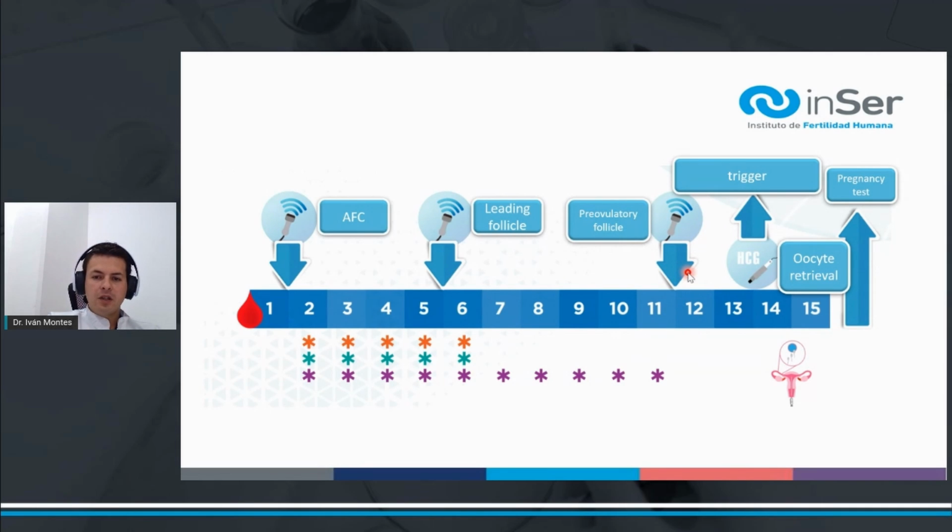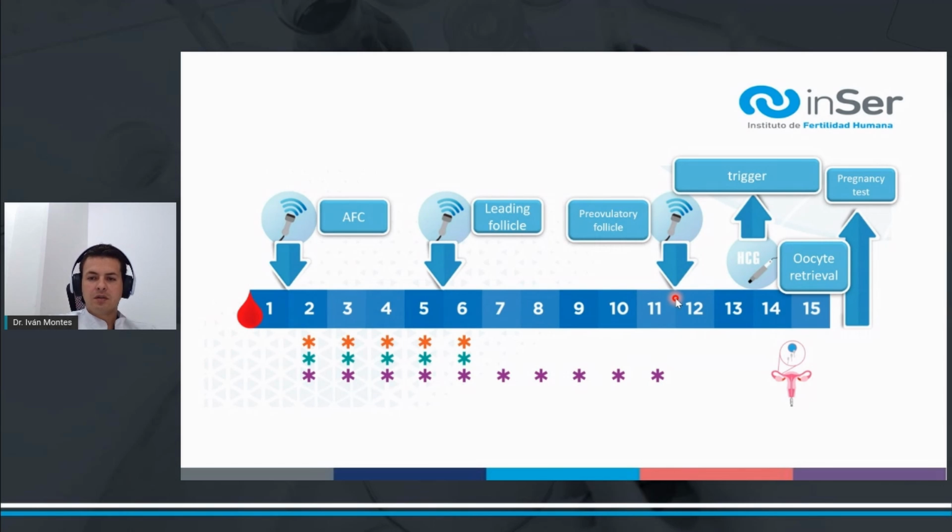If the follicles are ready, we do the trigger. But if they are not ready and you need a little more medication or gonadotropins to get to those 18 to 20 millimeters, you just wait another 1 or 2 days, and then you do the trigger.